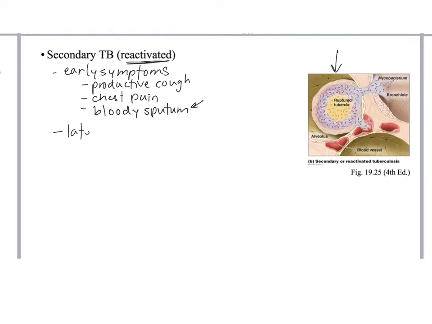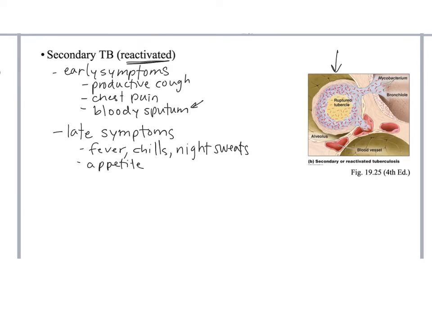Okay, later on in the infection, some later symptoms: fever, chills, night sweats, appetite loss, weight loss, of course, paleness.